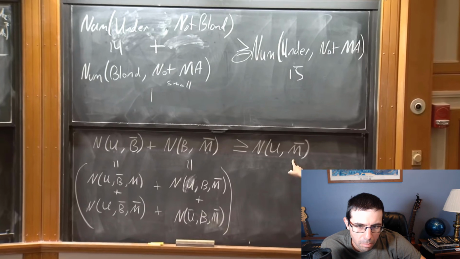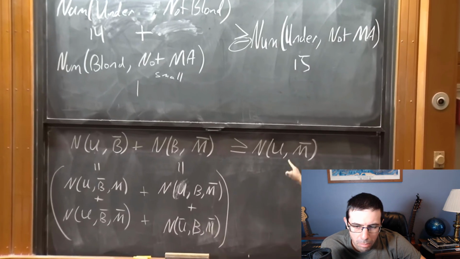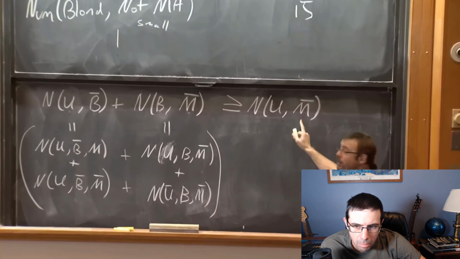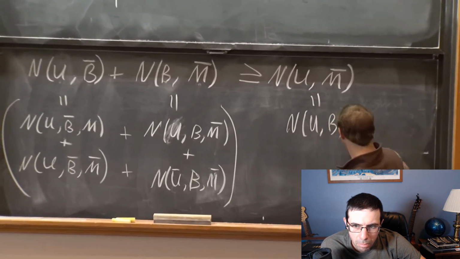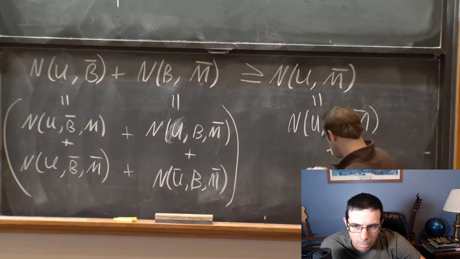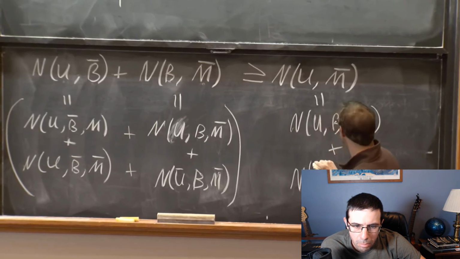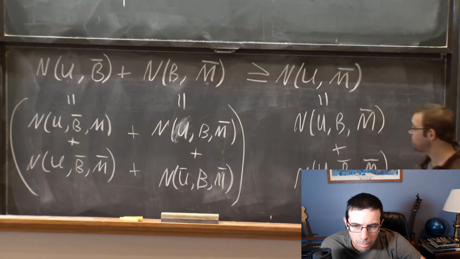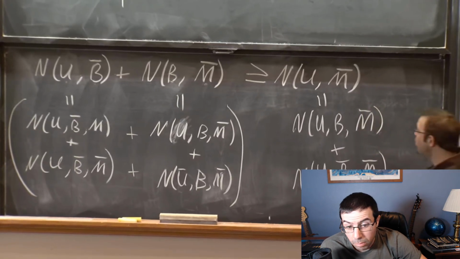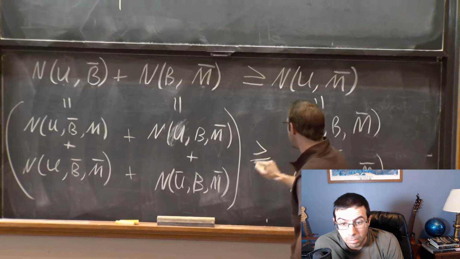On the right-hand side, the number of people who are undergraduates and not from Massachusetts, each one could be either blonde or not blonde. So this is equal to the number that are undergraduates, blonde, and not from Massachusetts, plus the number that are undergraduates, not blonde, and not from Massachusetts. Agreed? And this is what we want to prove.